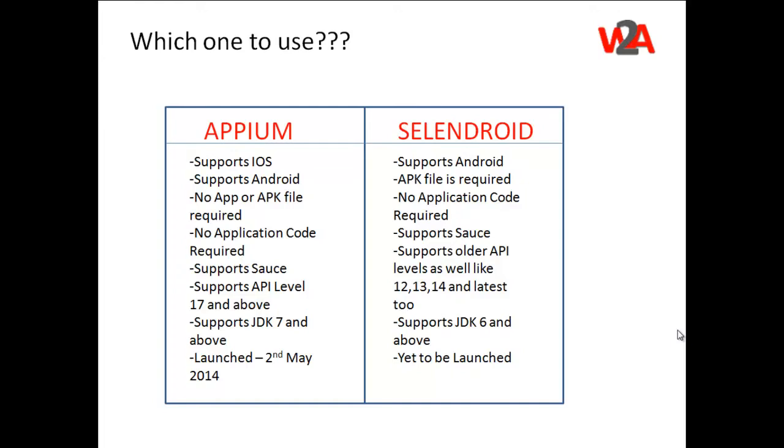Along with this course, I will provide you the dumps of the applications we'll be using, and the project code as well. Once you go through all these tutorials, you can master mobile automation testing using Appium and Selendroid.